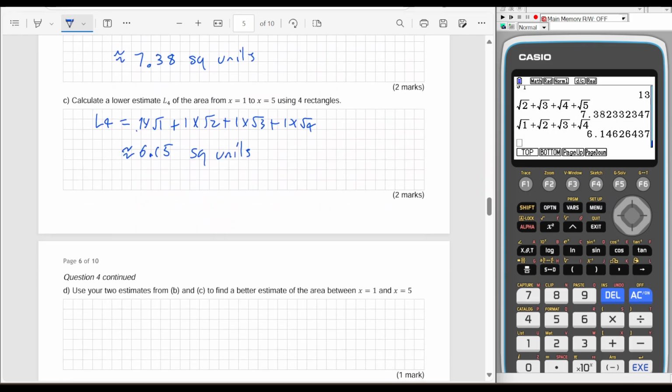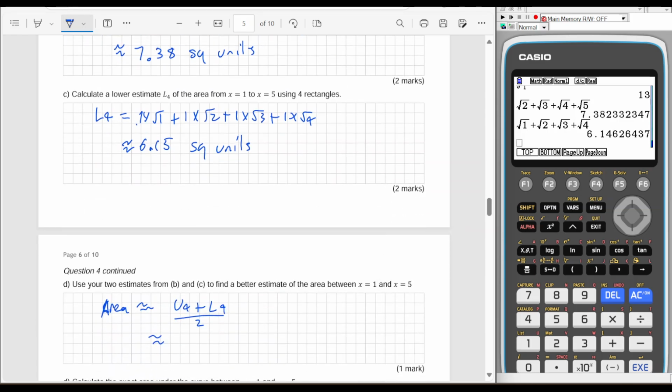All right, find a better estimate. So area approximately equals the average, so U4 plus L4 over 2, roughly equals 7.38 plus 6.15 all over 2. Now I'm going to use the original numbers, so we'll do a fraction.